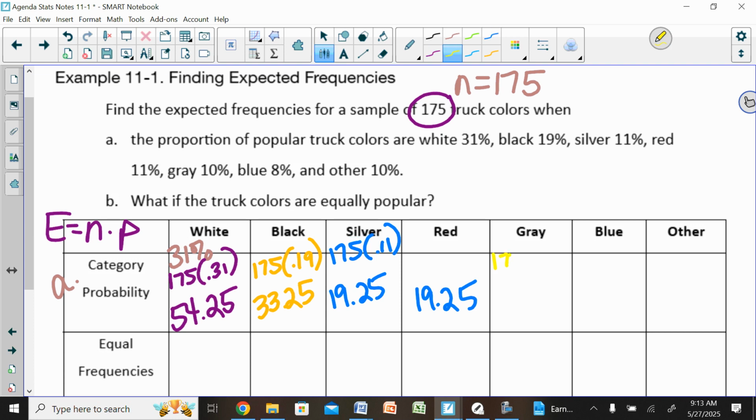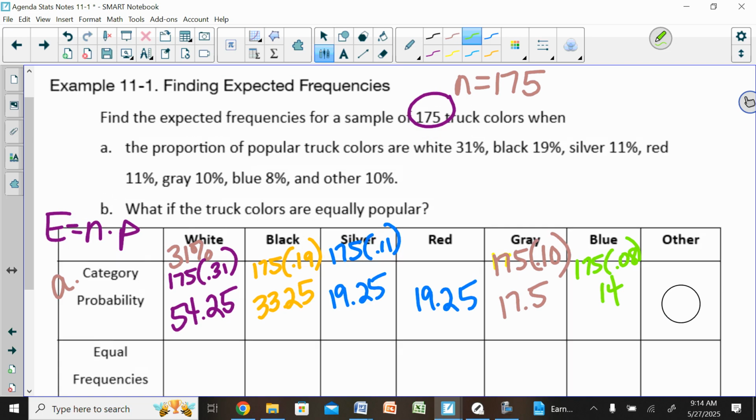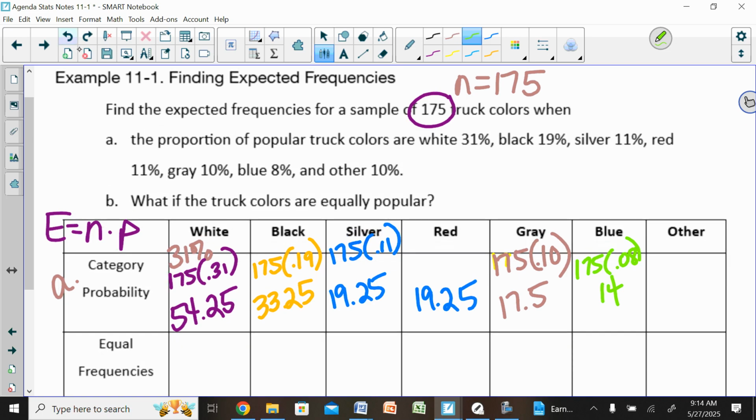So 175 times 10%, so 17.5. Blue is 8%, so 175 times 0.08 gets us exactly 14, and other is 10%. So that's the same as our gray, or 17.5.